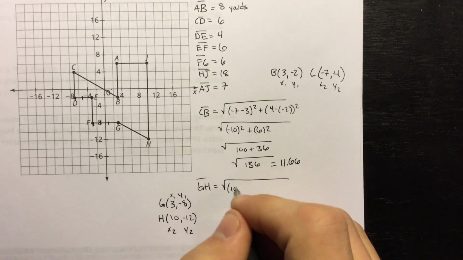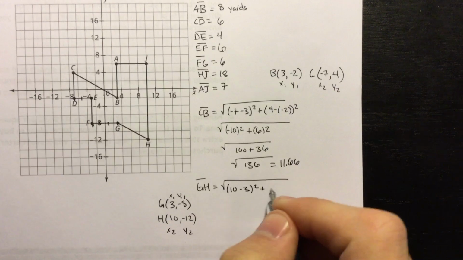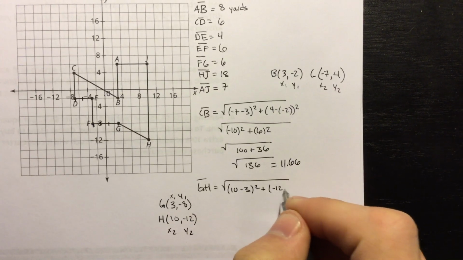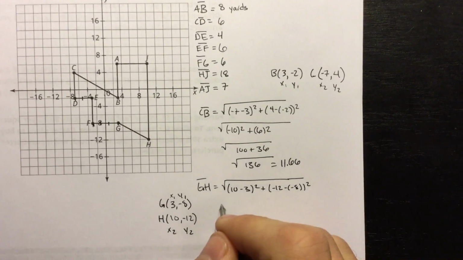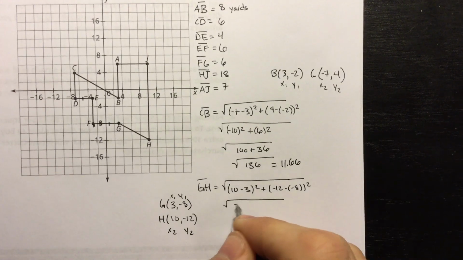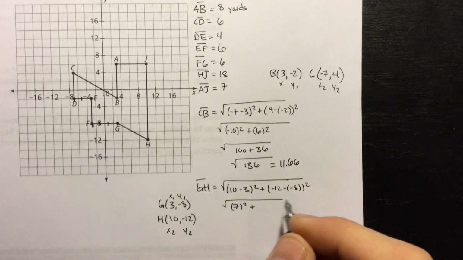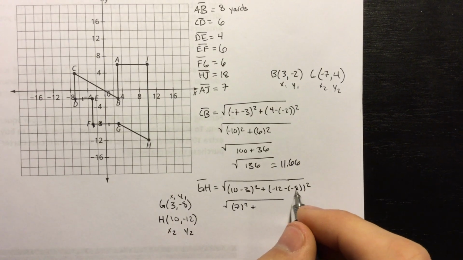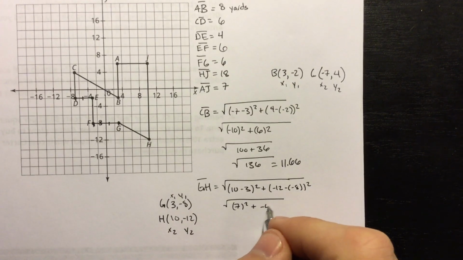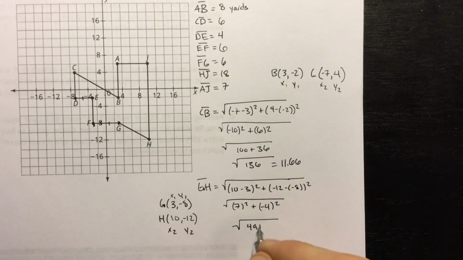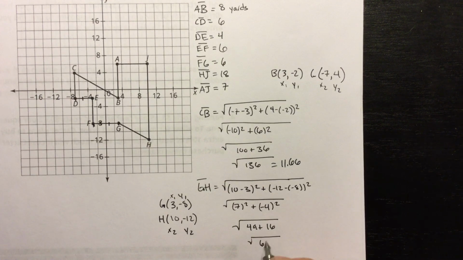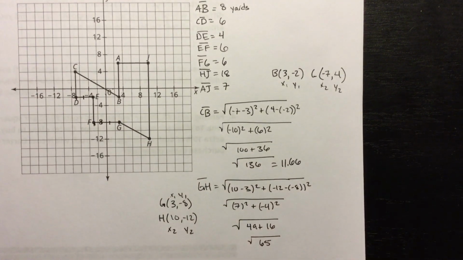So I'll have 10 minus 3 squared plus -12 minus -8 squared, which gives me 7 squared plus -12 minus a -8 is like adding an 8, so -4 squared, square root of 49 plus 16, the square root of 65.